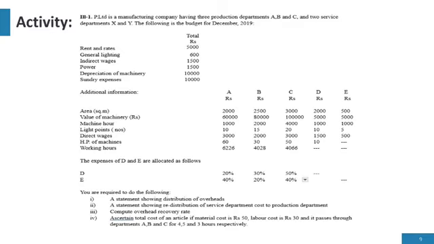Fourth one, ascertain total cost of an article if material cost is 50 rupees, labor cost is 30 rupees and it passes through department A, B and C for 4, 5 and 3 hours respectively.